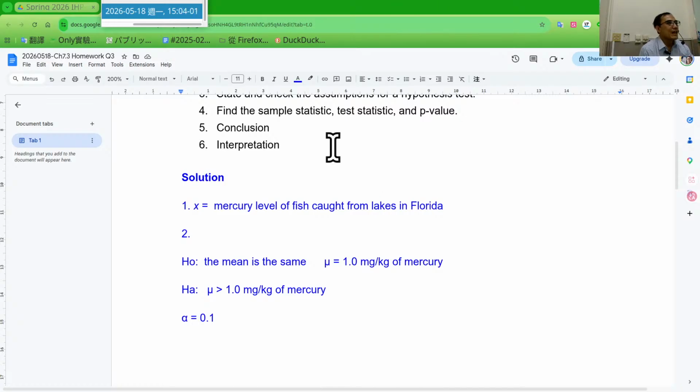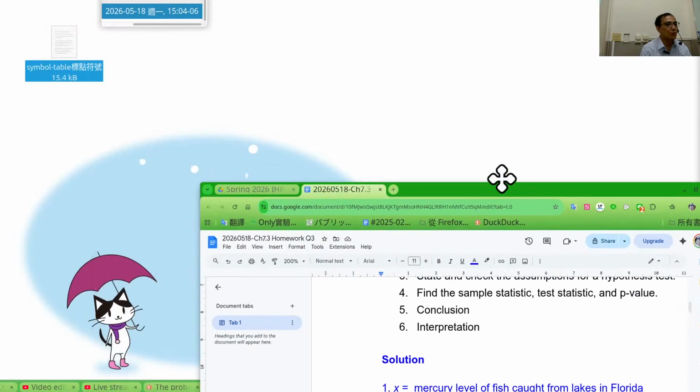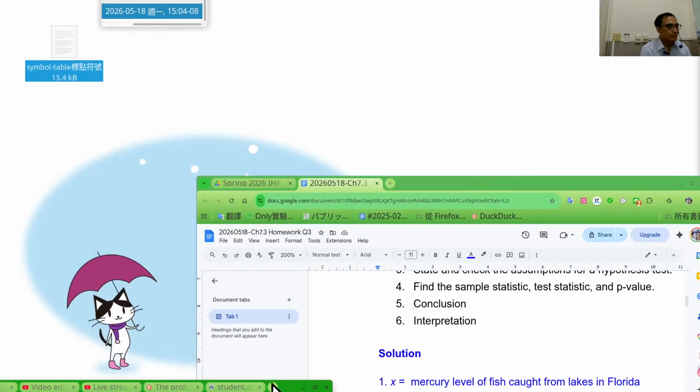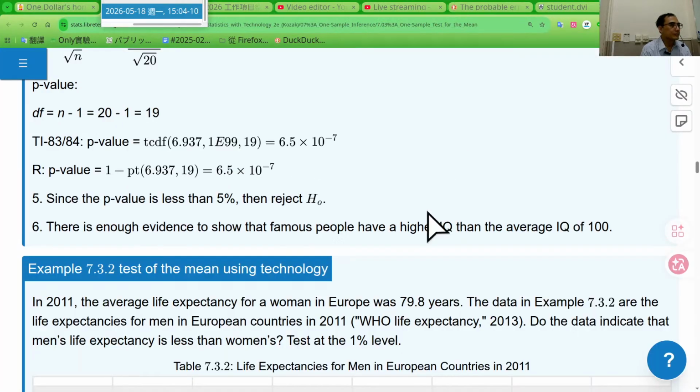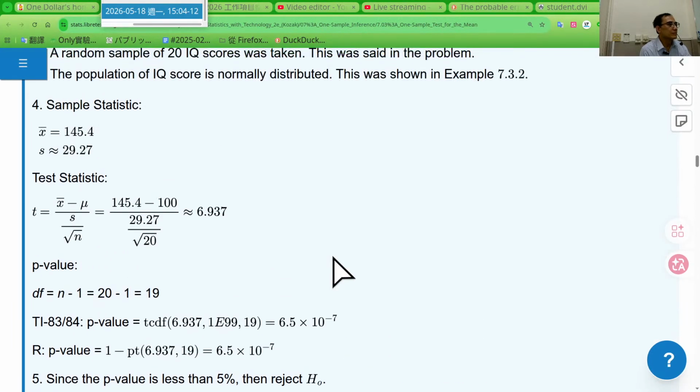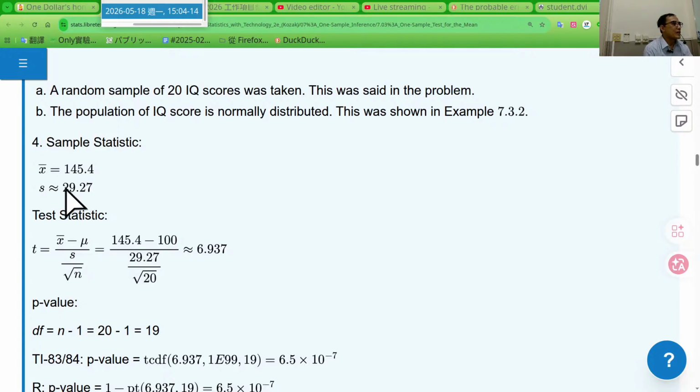Then next, we need to calculate the details like this one. Just calculate two numbers. The first number, the sample mean. The second number, the sample standard deviation. Okay, who can tell me how to calculate this part? Yeah, you learned it.